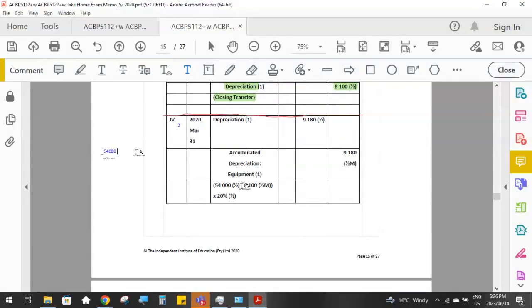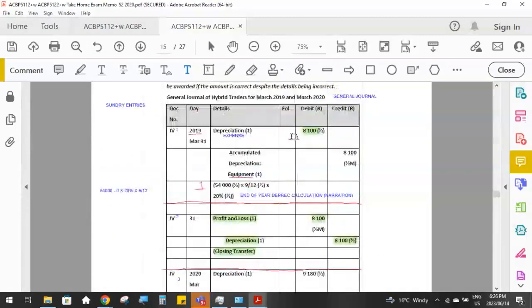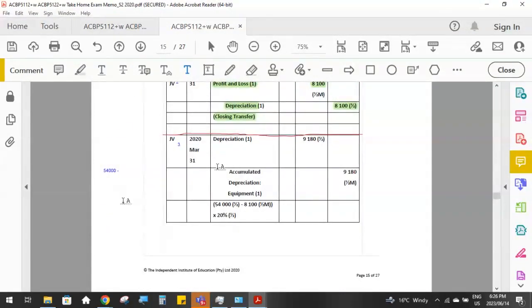This is the diminishing balance method, so we must minus accumulated depreciation, which is 8,100, because we are only going to multiply the diminished balance by 20%. And in this case, because we had the asset for the whole year, we are going to multiply by 12/12, the entire value of that amount. So that's our calculation for the 9,180.